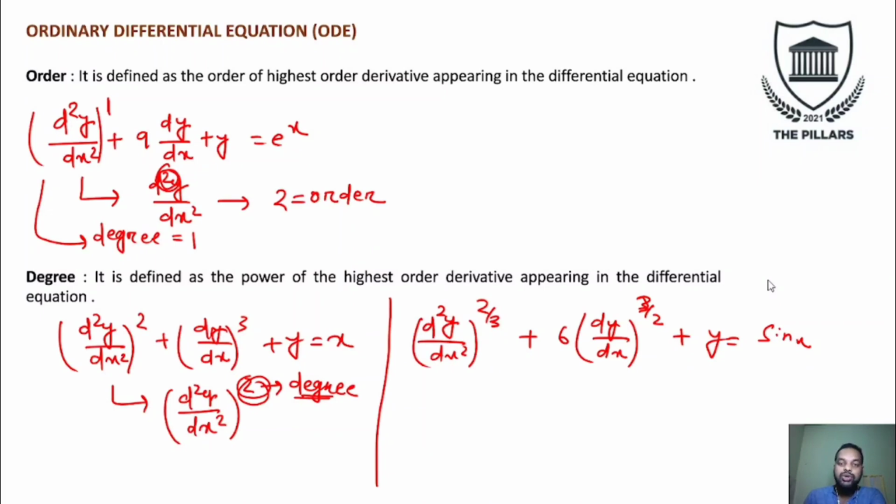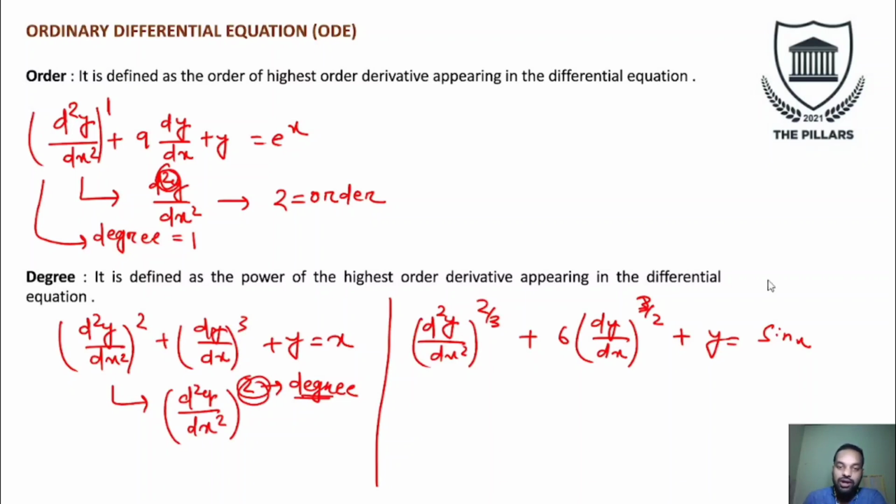So what should we do now? We can simply write that the order is 2, since the highest order derivative is of order 2, and the power is 2/3, so the degree will be 2/3. But remember, degree is never a fractional quantity; it has to be an integer.